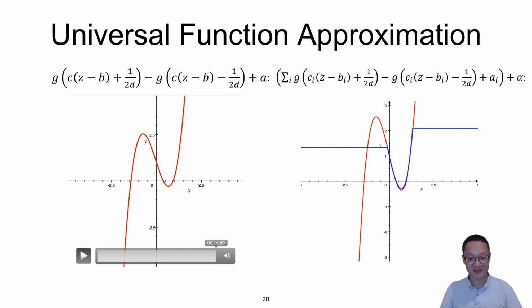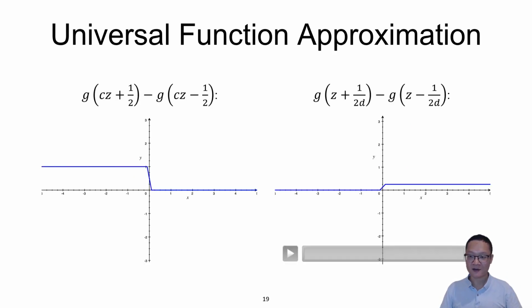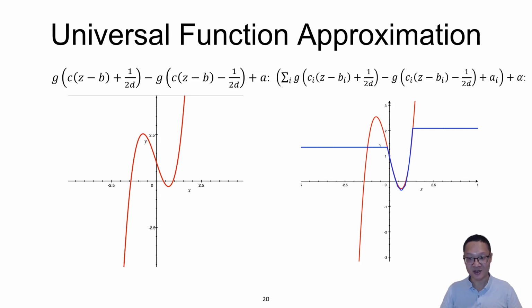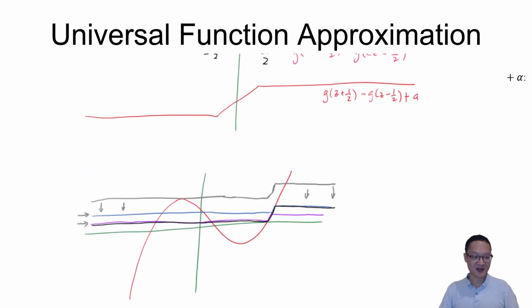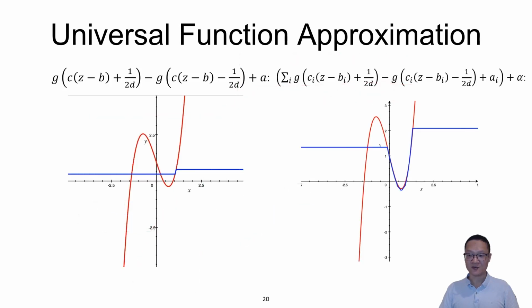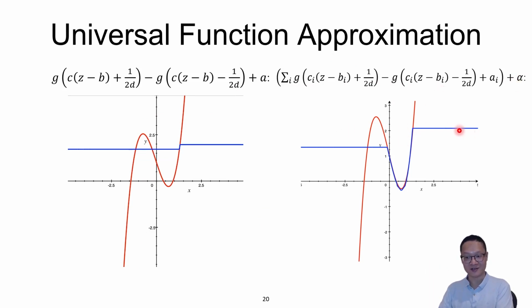The larger the d is, the smaller we can make this part. So the smaller piece of the red function we would approximate for each of the terms of the summation. After we add them all up, we get a gray function, which is too high up. And then we add alpha, which is the term that brings the entire gray function down to the blue function that you see over here.